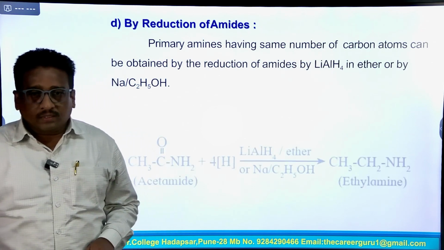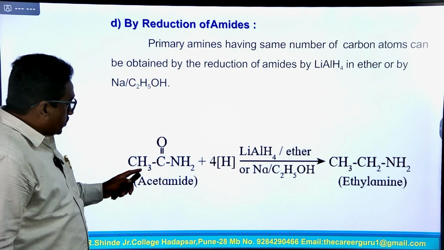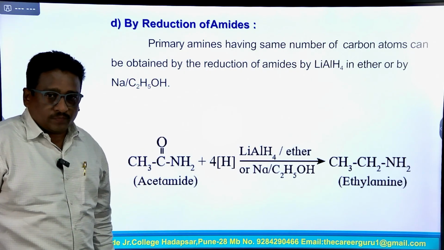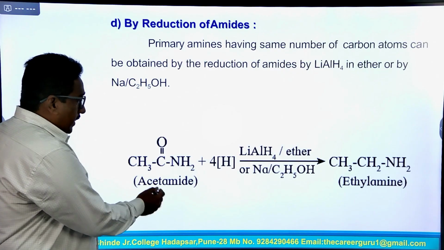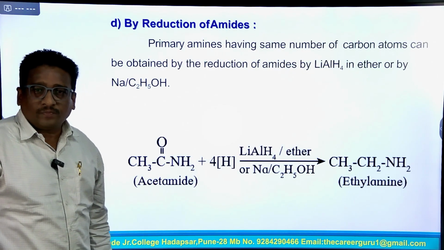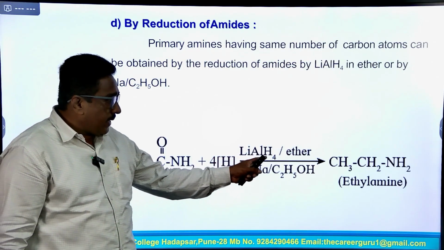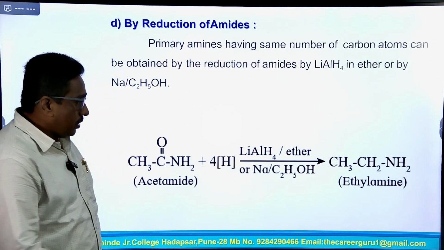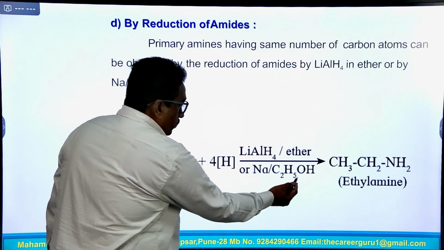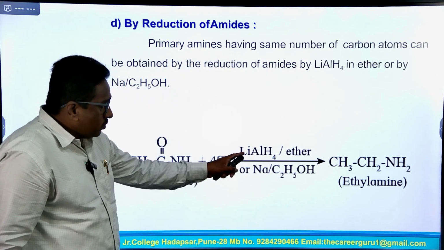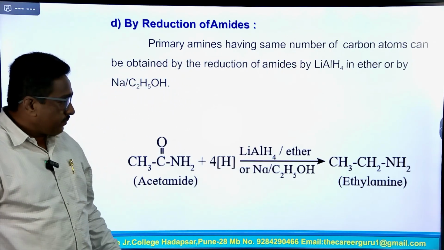For example, suppose CH3C double bond O NH2, the name of this compound is acetamide. This is an example of an amide, and this amide reacts with lithium aluminum hydride in ether or sodium in ethyl alcohol.